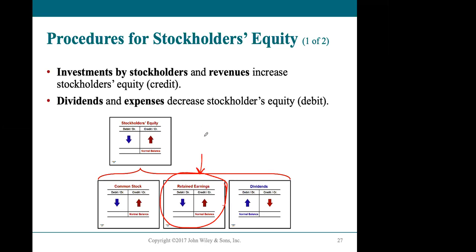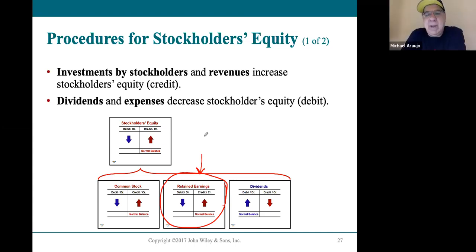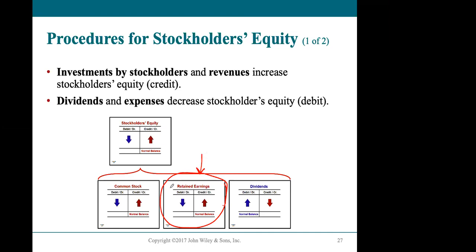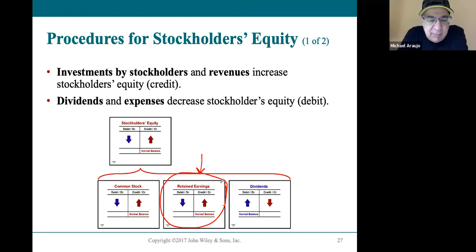Okay, as you'll see, we're going to be doing more of this, and I think it'll help. Retained earnings is the really interesting account because, like I was saying, the revenue accounts, the expense accounts and the dividends accounts are ultimately absorbed in the retained earnings account.